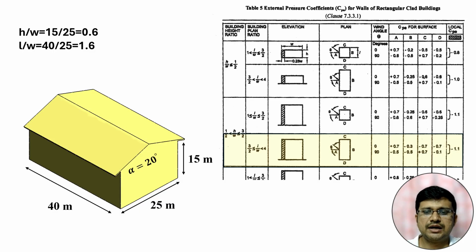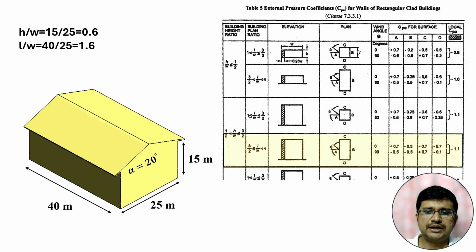Now before going into the detailed calculation of this overhanging portion, first we have to remember the value of external pressure coefficients for walls of a rectangular clad building. This I have already discussed in the second video, the video on calculation of wind force, where we calculated the external pressure coefficient for a rectangular clad building for the walls.